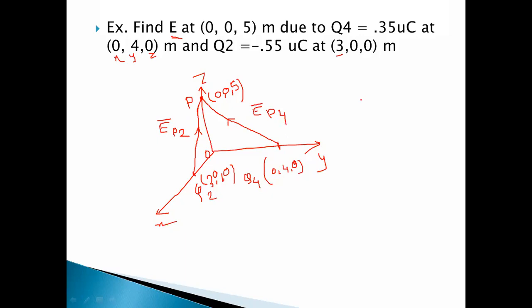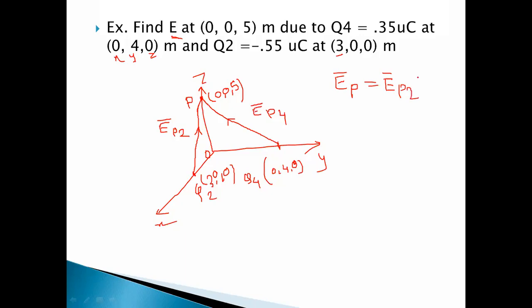To find the final, you just add these two, so E bar P is equal to E bar P2 plus E bar P4.